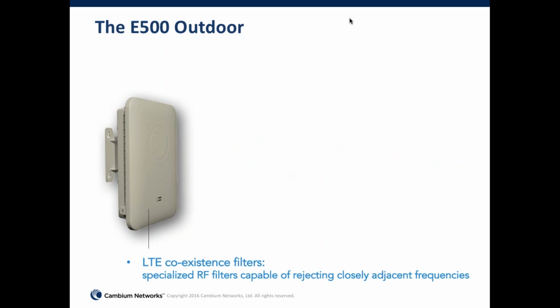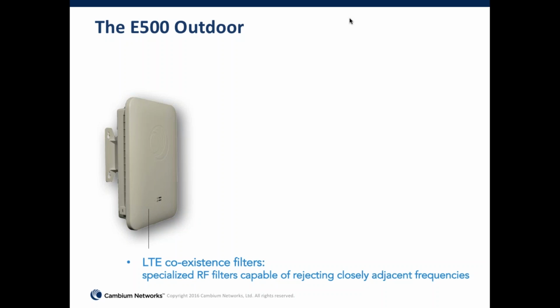We also included something called an LTE coexistence filter. Now, this is something that you may never run into if you're not a service provider. But one of the reasons this is important is when you deploy these access points in outdoor areas near schools, you've also got carriers coming in with their LTE equipment, and right adjacent to 2.4 gigahertz around the world, there are two bands reserved for LTE transmission.